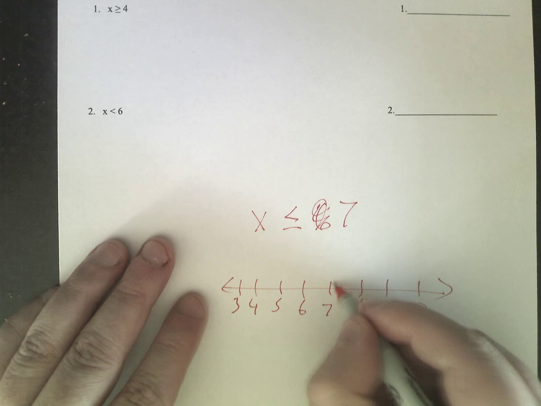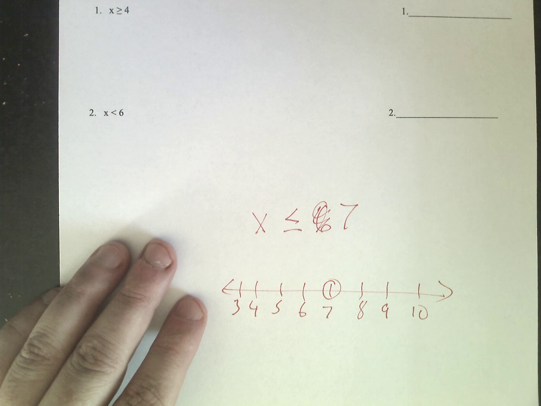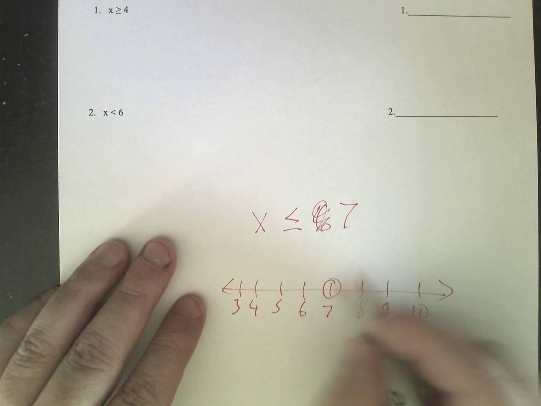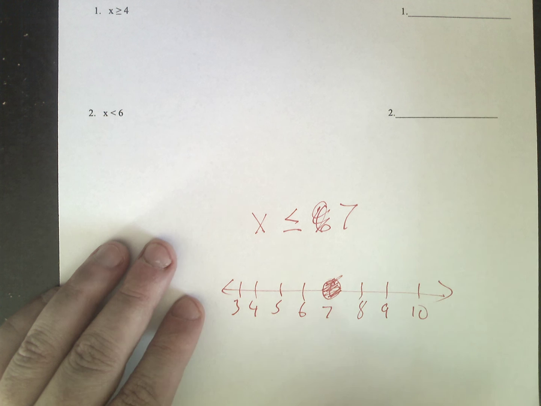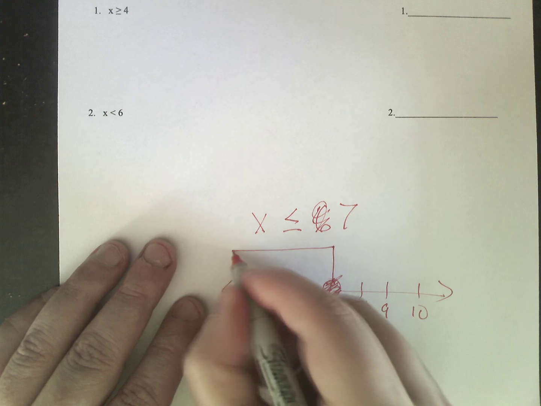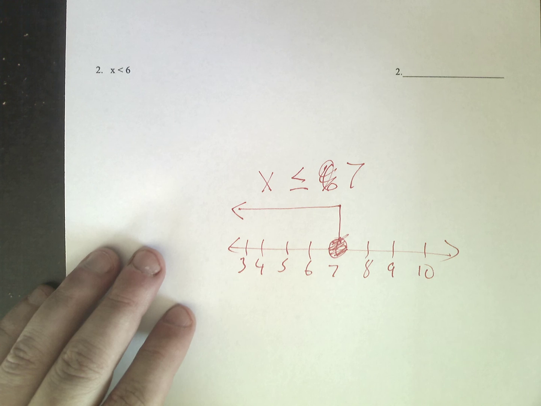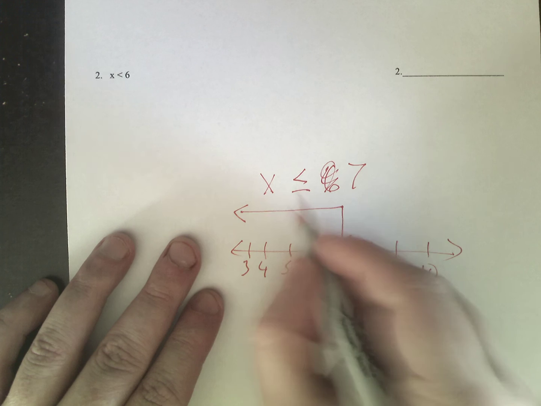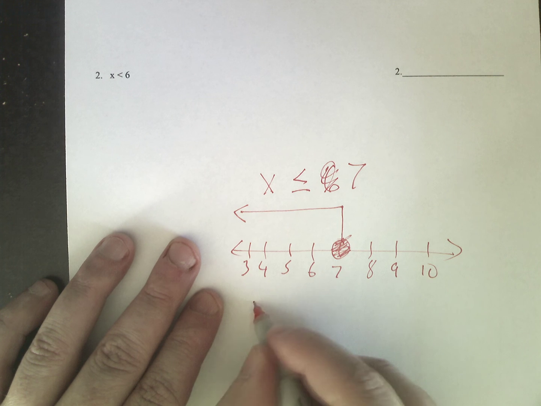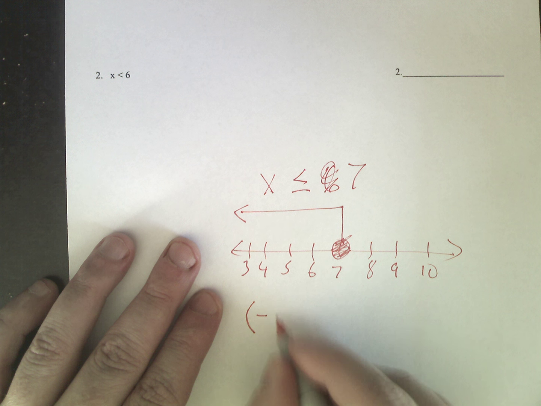I would circle in 7, because 7 is included. Less than, I know, goes to the left. So when I'm reading this example, I say infinity is to the left. It's going towards negative infinity.